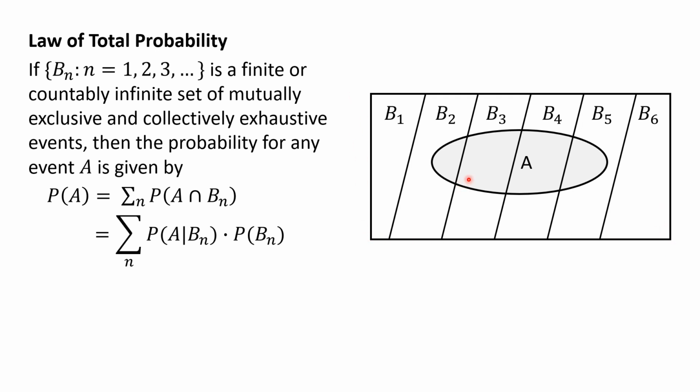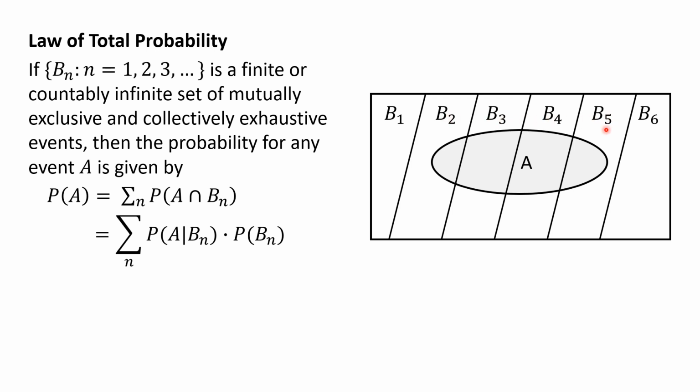And you notice the probability of A intersected with B1 would be 0, and the same for B6, but that's fine as long as you have your entire space covered and you can determine the probabilities of A intersected with B2, B3, B4, and B5, you're good.